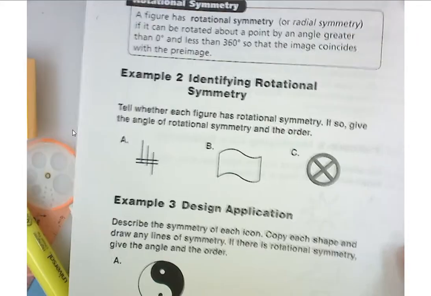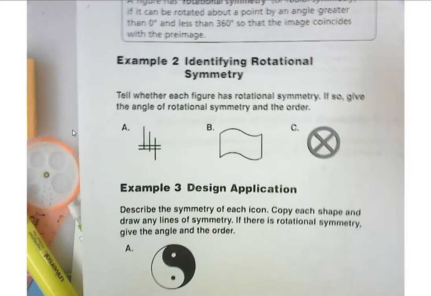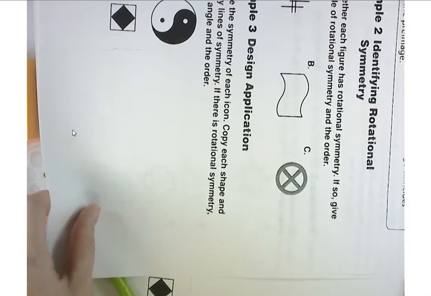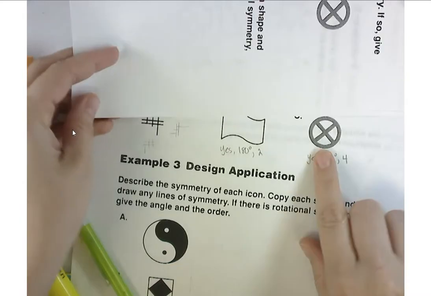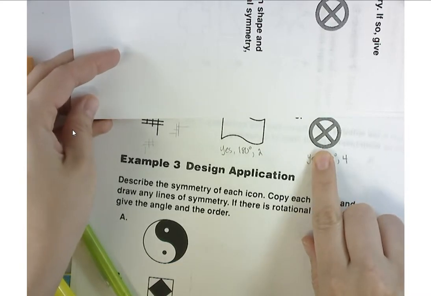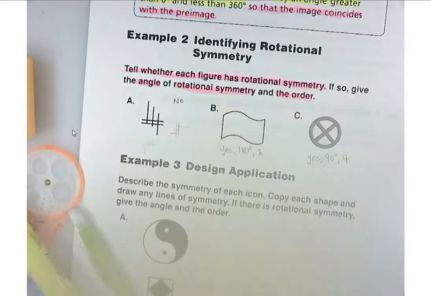This would be 270. And then obviously 360 would go back to the beginning. If I just turn my paper 90 degrees, it looks the exact same as it does here, doesn't it? And that happens every time you rotate 90 degrees.